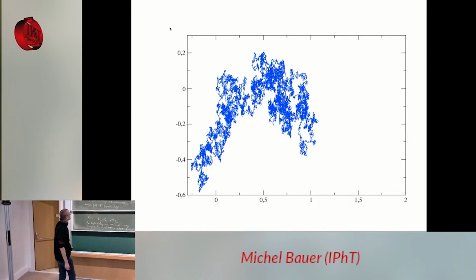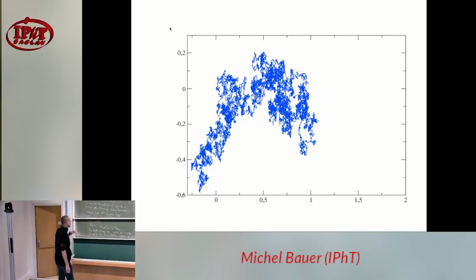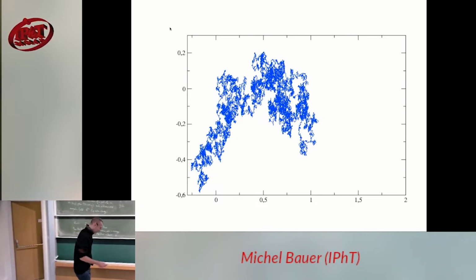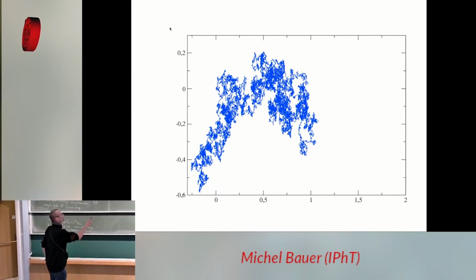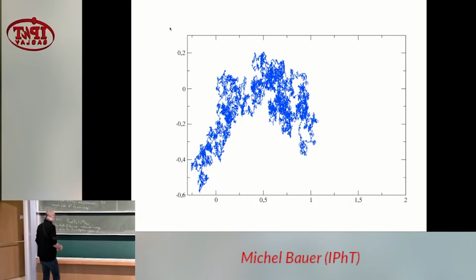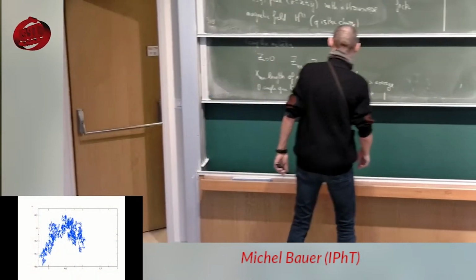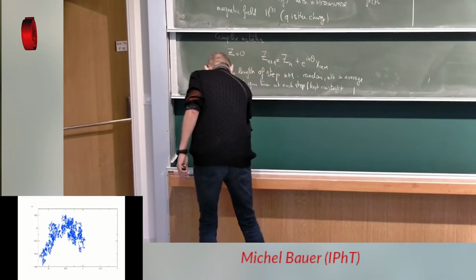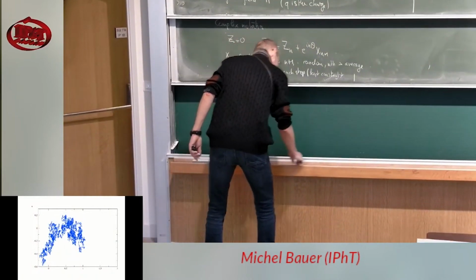You can compute the area that is swept by the path, exactly the same formula as for the magnetic field. You do it in a discrete case, and you just compute numerically.